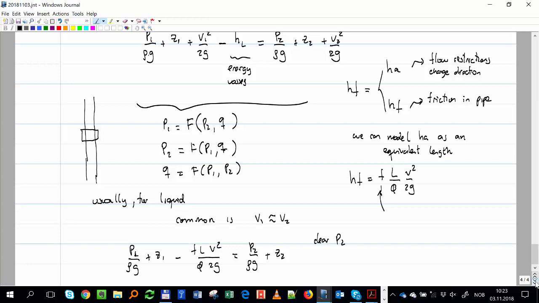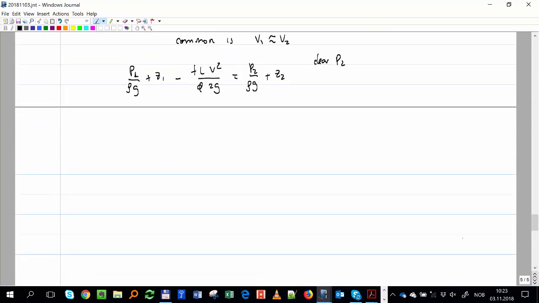And P2 will be equal to P1 plus Z1 minus Z2 times the density times the gravity minus FL over D V squared over 2G, and density is someplace here. Yes, I think so.